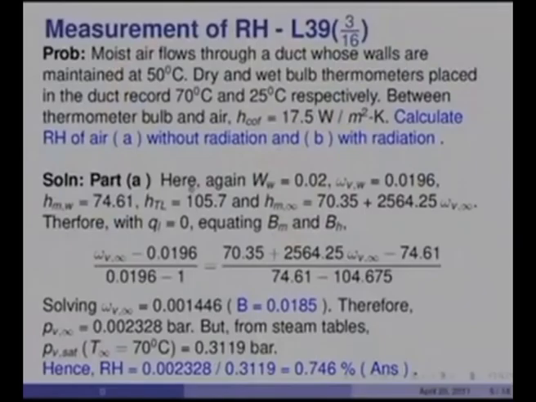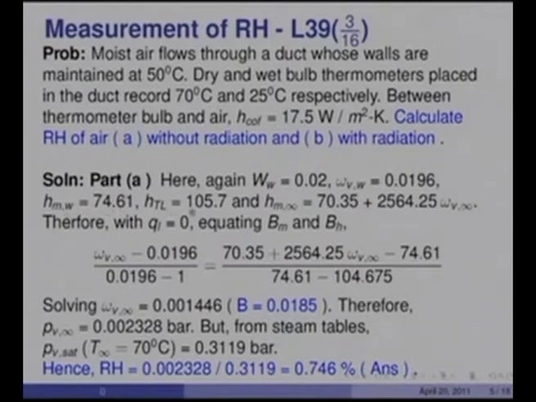So, straight away we can see that in this case, corresponding to 25 degree centigrade, we will get WW the specific humidity as 0.02, and therefore, the mass fraction at the surface of the wet bulb thermometer would be 0.0196, which gives us mixture enthalpy as 74.61.